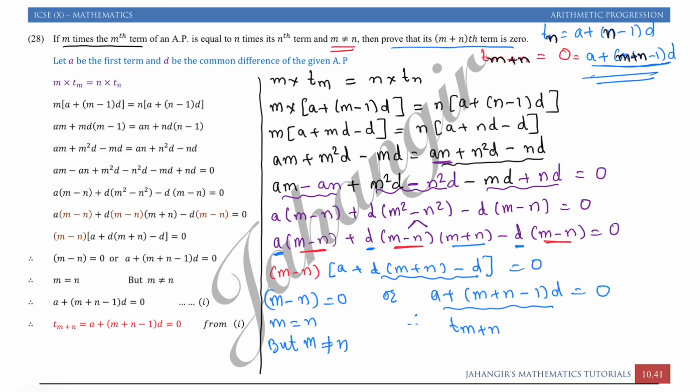The formula for T of m plus n becomes a plus (m plus n minus 1) into d, that is equal to 0. So T of m plus n is 0. In this way you can prove that the (m plus n)th term is 0.